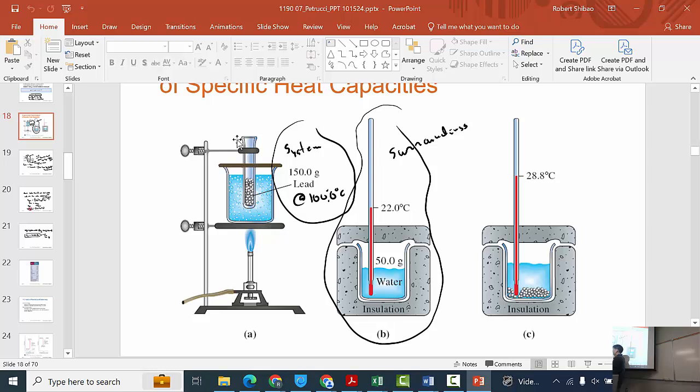So this is an idealized experiment. It's not practical. So if we remove the hot lead from the boiling water, the hot lead's at 100 degrees C. What's going to happen immediately when you take it out of the hot water? It's going to start giving off heat to the surroundings, but we're not measuring that heat that's going into the surroundings there.